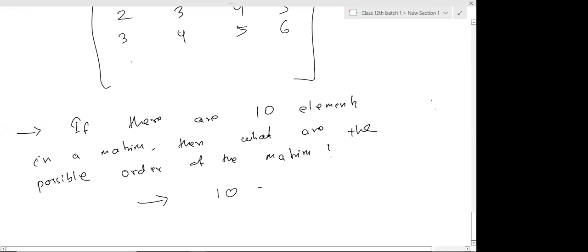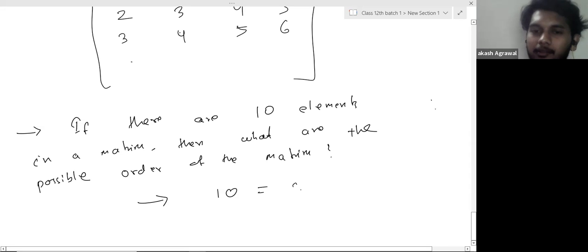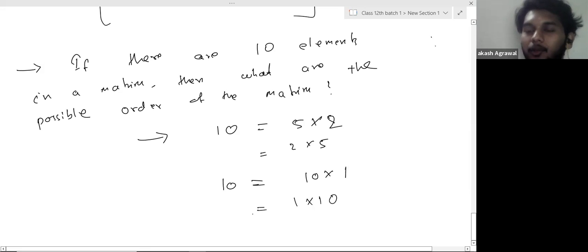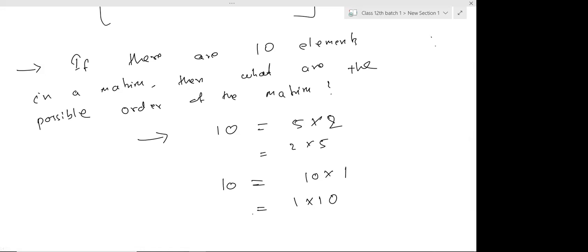So how can we check? We can factorize this, so 2 by 5 and 5 by 2. But there is another case also. We can write 10 as 10 into 1 and 1 into 10 also, right?